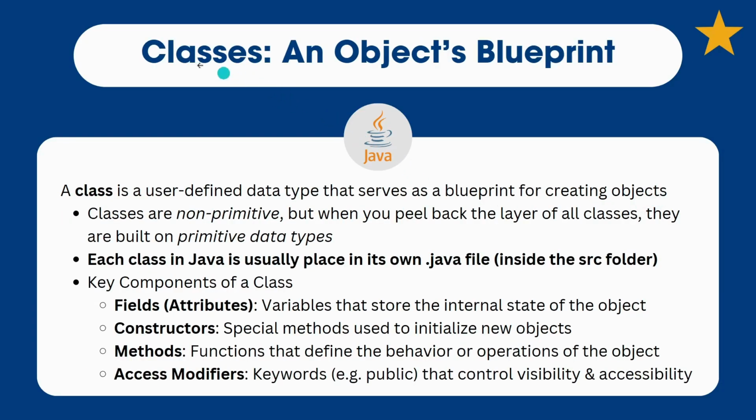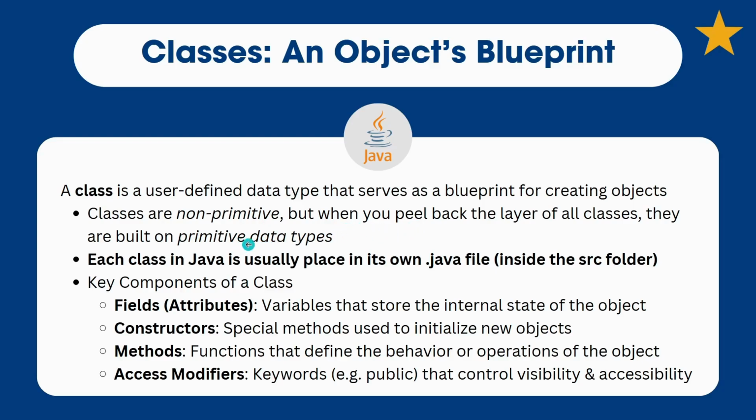So, what is a class? Well, a class is an object's blueprint. It's a user-defined data type. Because remember, there are primitives, and then everything that's not a primitive is defined by a class. So those are non-primitive. So classes define non-primitive data types. But when you peel back the layers of any class, you're always going to end up with the primitive data types.